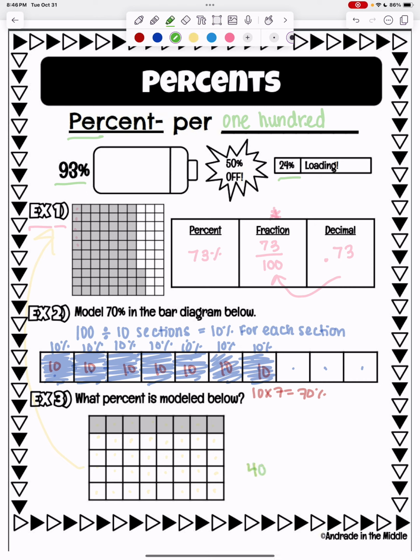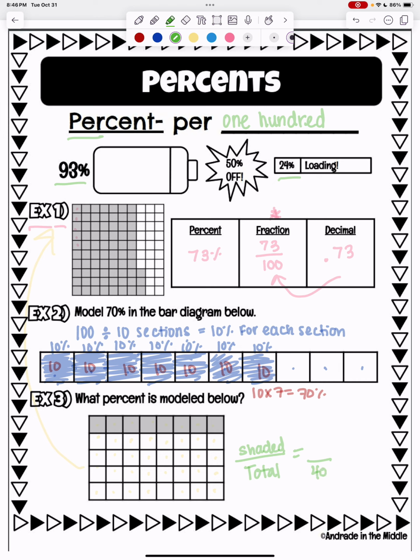When you see something like this, put total over shaded. How many total did we have? We had 40 total.